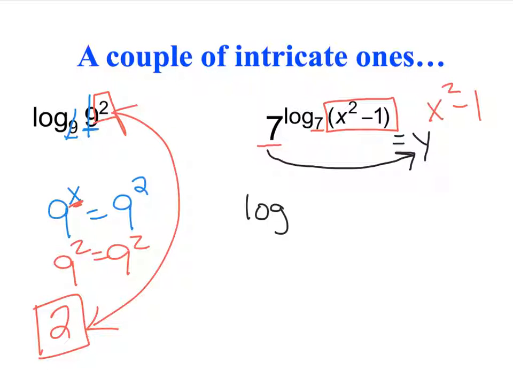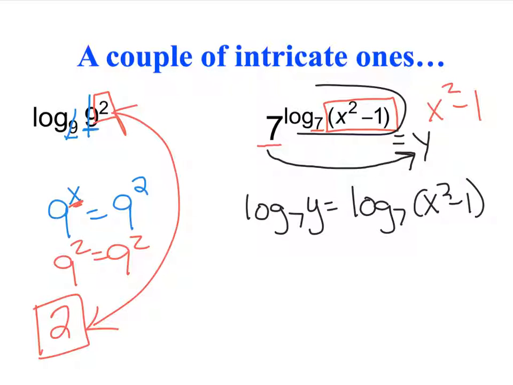So this is our unknown, right? Well, oops, I wrote something wrong there. Let me go back here. It's equal to, forgot part of this, so it should be log base 7 of y is equal to log base 7 of x squared minus 1, because all of this is our exponent.